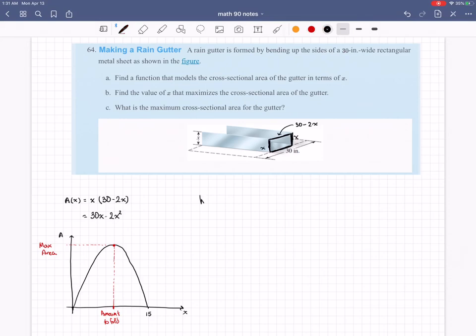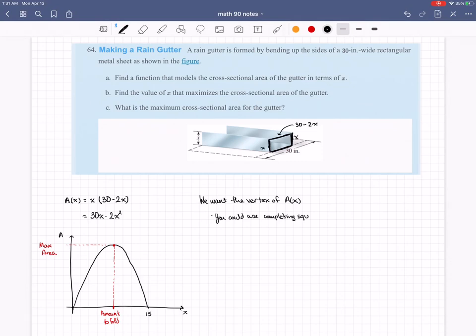So we want the vertex of this quadratic function, A of x. Again, you could do the whole completing the square, and I encourage you to do it if that's what feels right to you.